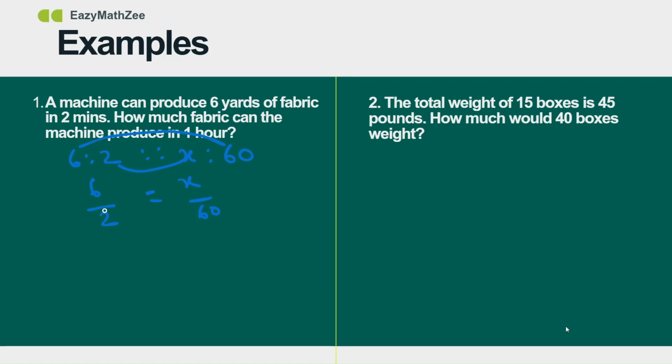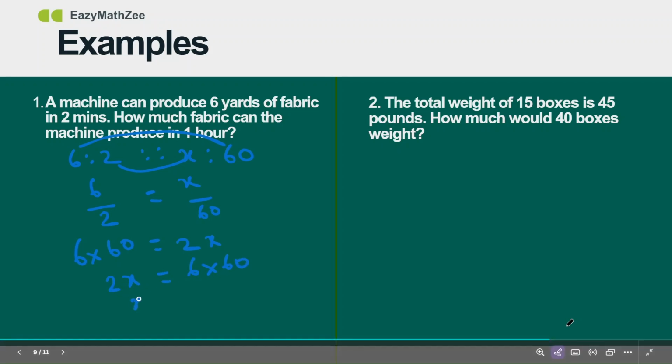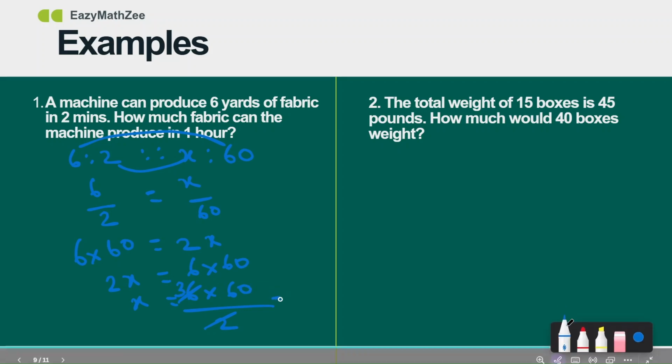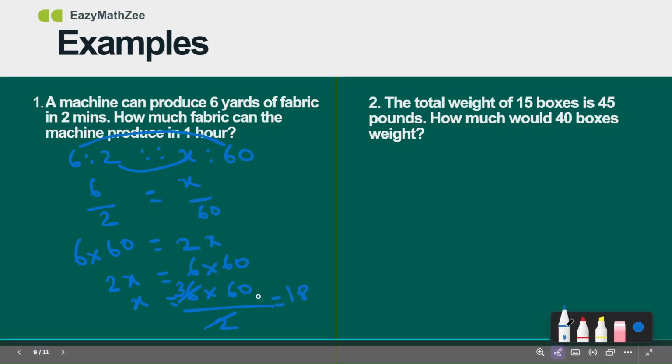That means 6 into 60 is equal to 2 into x. So we keep x on one side: 2x is equal to 6 into 60. Now x is equal to 6 into 60 divided by 2. If you cancel, this will become 3, and 3 6s are 18 and this is 0, so 180. So x is 180.